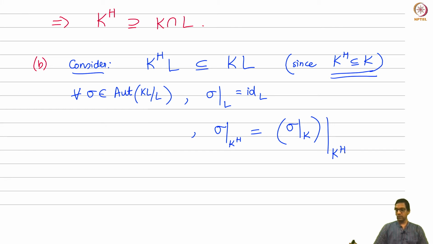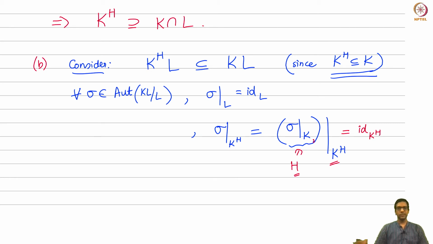Now sigma restricted to K is exactly the elements in the image, so this is like a tau. This belongs to my subgroup H, because that's the image of a sigma. And of course elements of H, how do they act on K^H? By definition, this is the fixed field of H. Therefore elements from H will necessarily act as identity on their fixed field.